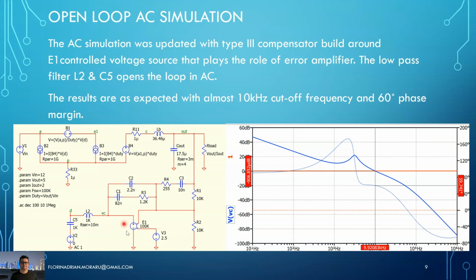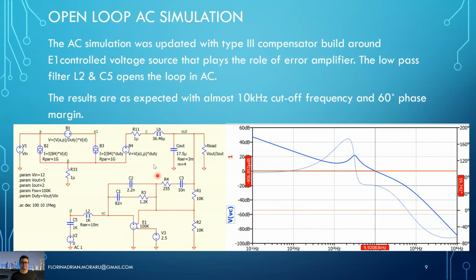That's like having an ideal op amp with infinite bandwidth and so on. But of course you can modify this if you want something closer to a real op amp. However, for the frequencies of interest, this is absolutely fine.